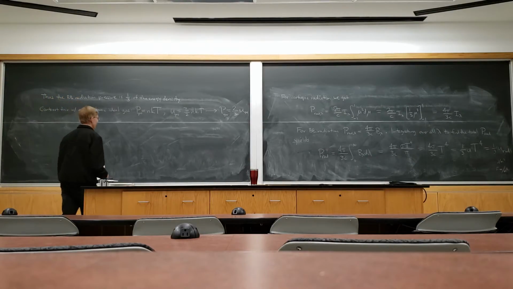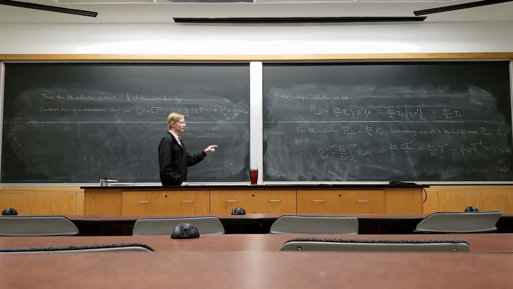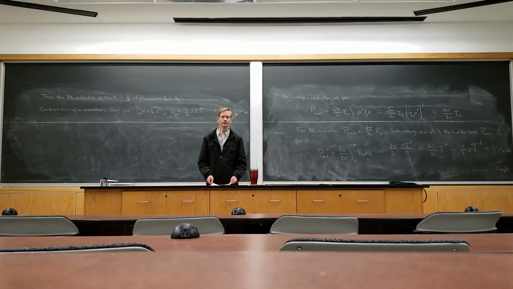But when you get to cosmology, this becomes very important because it turns out that the equation that describes the expansion of the universe contains both the pressure and the density. And the universe has both photons and matter in it, and they have different pressure relations to one another.